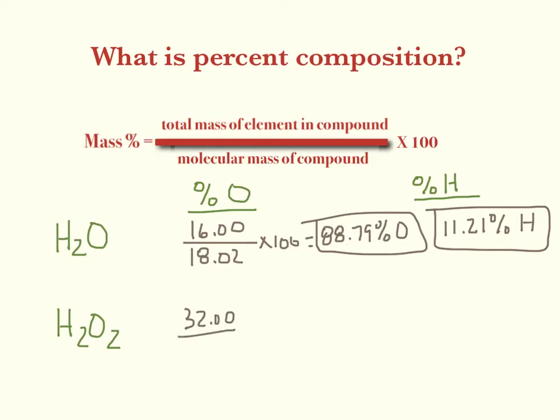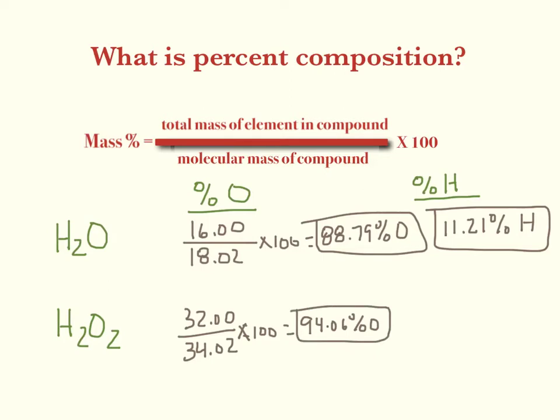And now our total mass for this compound is 32 plus the 2.02, gives us 34.02. And then we times 100, and that gives us 94.06% oxygen.